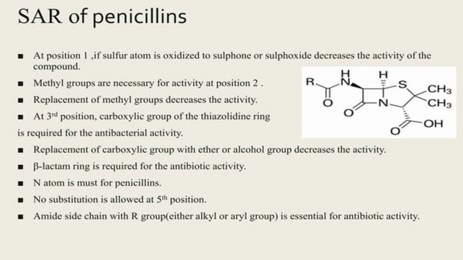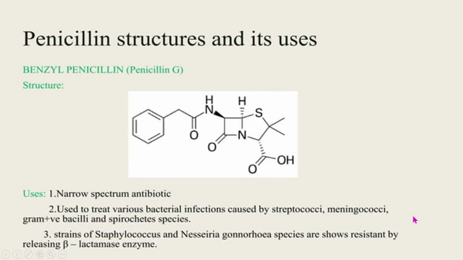No substitution is allowed at the fifth position. The fifth position is always unsubstituted, which shows a good sort of action. So no further substitutions are allowed at the fifth position. The amide side chain with the R group is essential for the antibiotic activity.